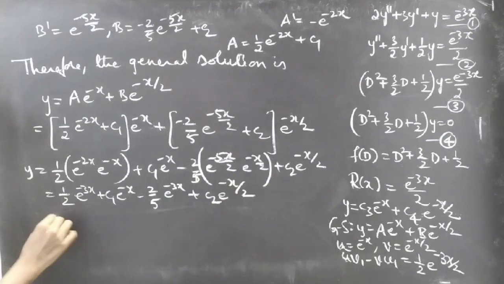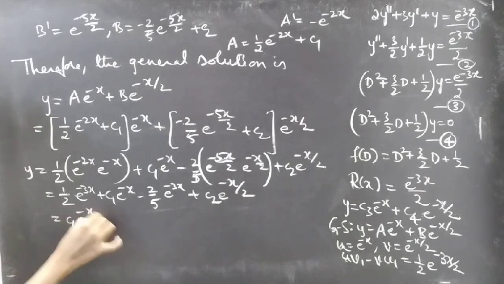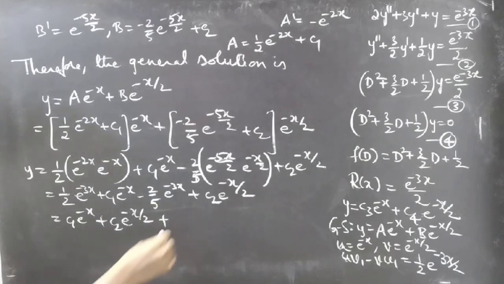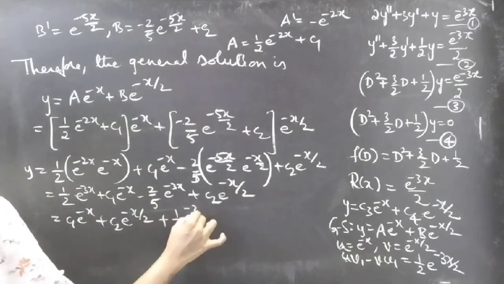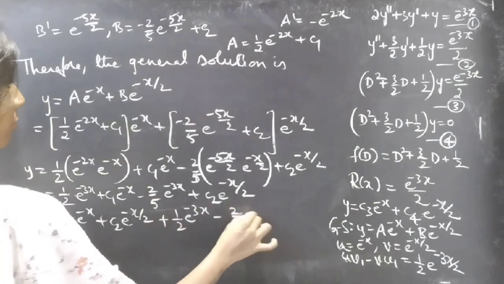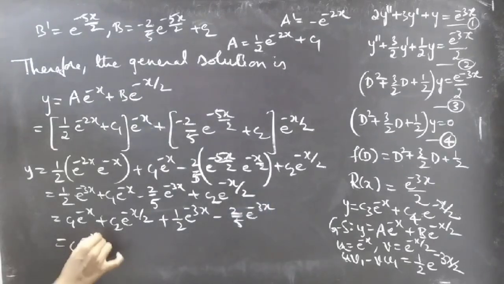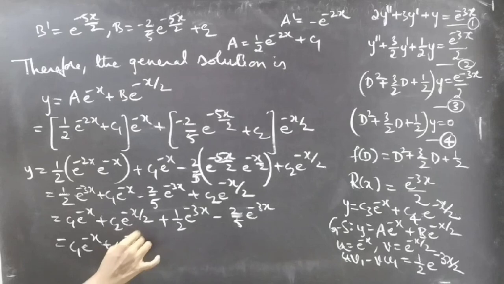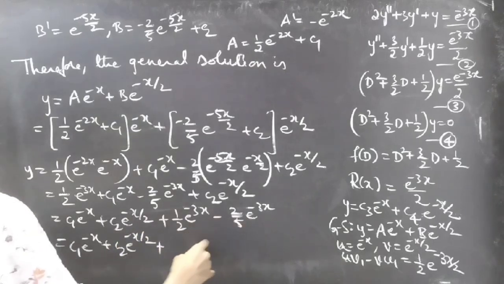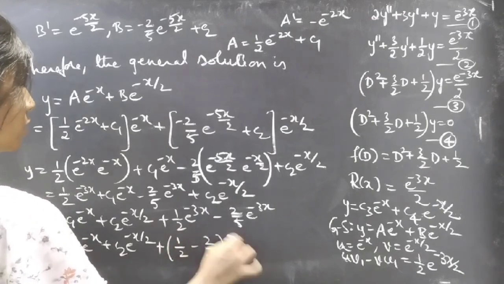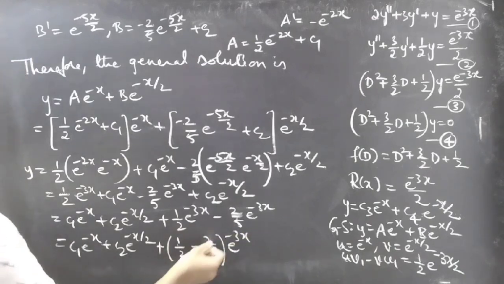Or we can write this as c1 e power minus x plus c2 e power minus x by 2 plus 1 by 2 e power minus 3x minus 2 by 5 e power minus 3x. Take e power minus 3x common from these two terms, and we'll get 1 by 2 minus 2 by 5 into e power minus 3x. Just simplify 1 by 2 minus 2 by 5.